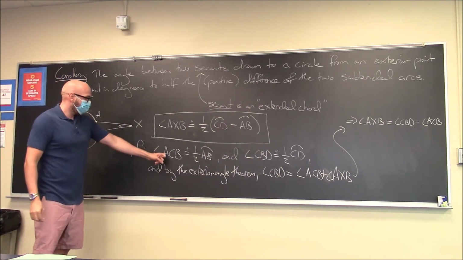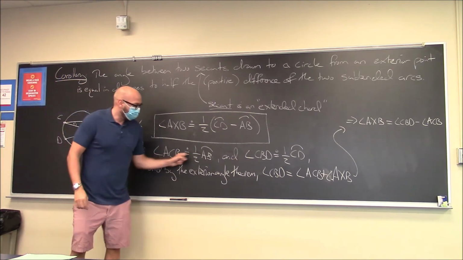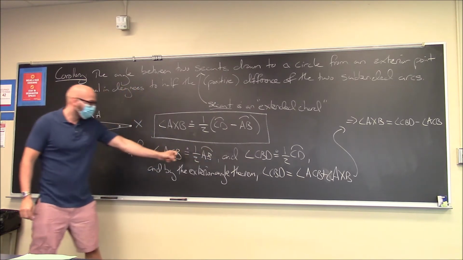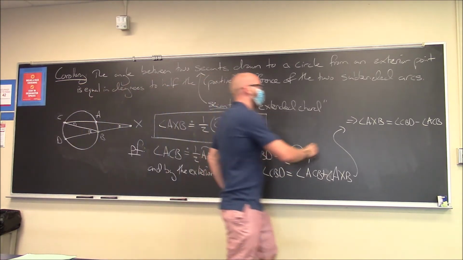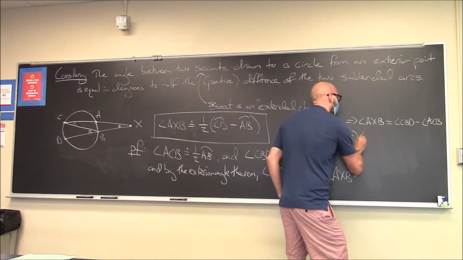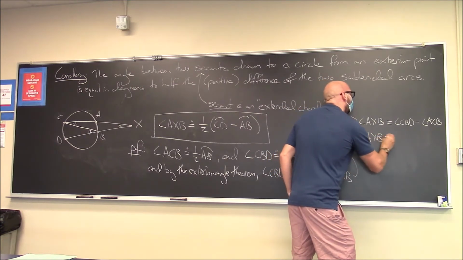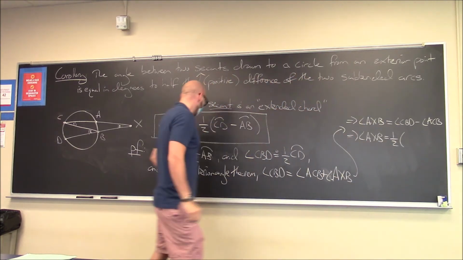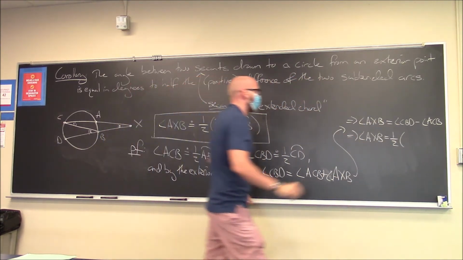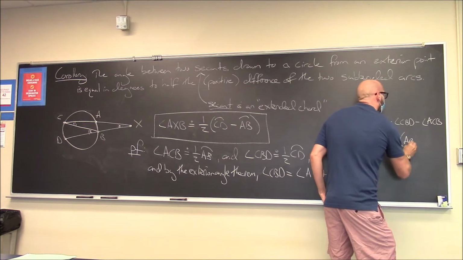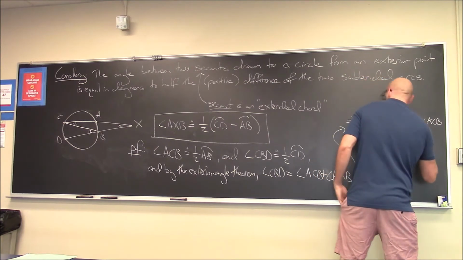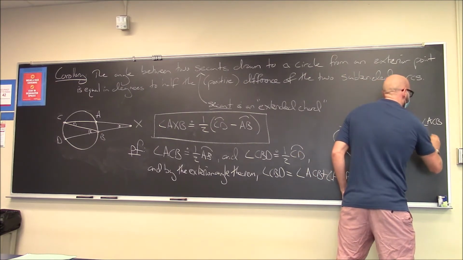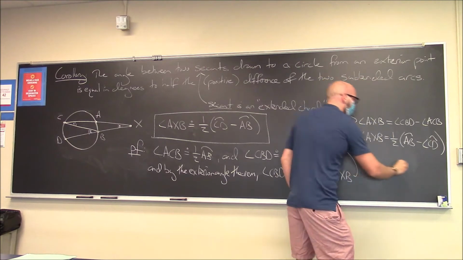And we already have what these are in terms of 1/2 of their subtended arcs. So that means angle AXB is, and I'm just going to factor out the 1/2 for both of them, 1/2 arc CD minus arc AB. Done.